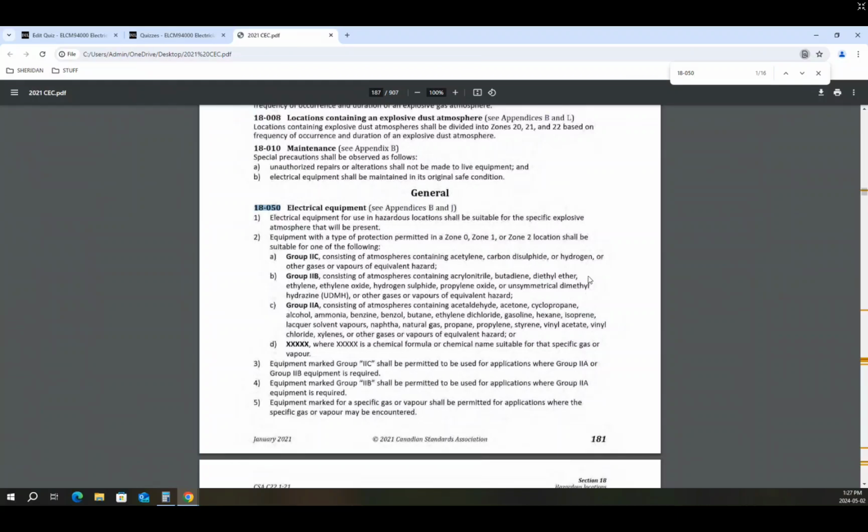Hydrazine, diethyl ether, diethyl ether's group numerals. And it also here is sending me to Appendix B.